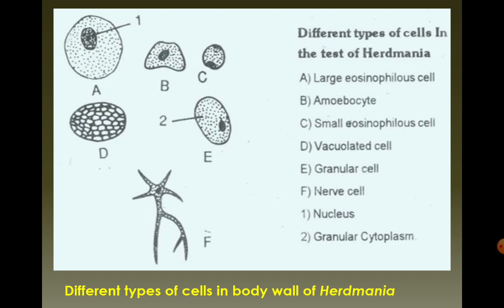D is a vacuolated cell full of vacuoles, E is a granular cell, and F is a nerve cell. Here the cytoplasm is shown with dots. It appears granular, so it is a granular cytoplasm, and the darkly stained one is the nucleus. So you should know the different types of cells that are present in the test.